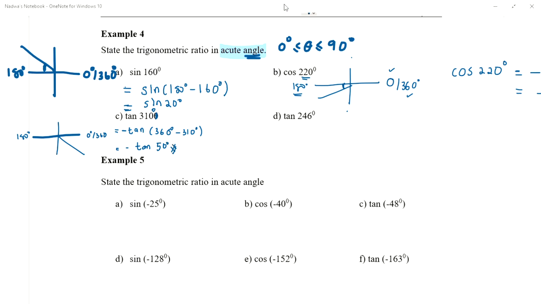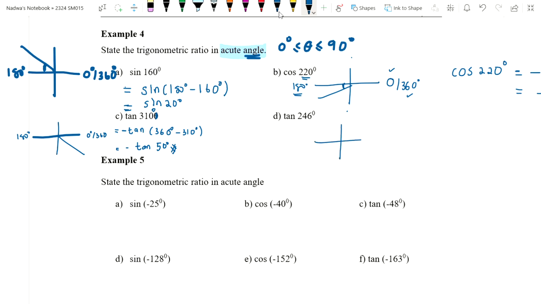And finally, tangent 246 degree. We have to identify where 246 degree lies. 246 degree lies in the third quadrant. So this should be our referred theta. Okay, tangent 246 degree is equal to tangent.